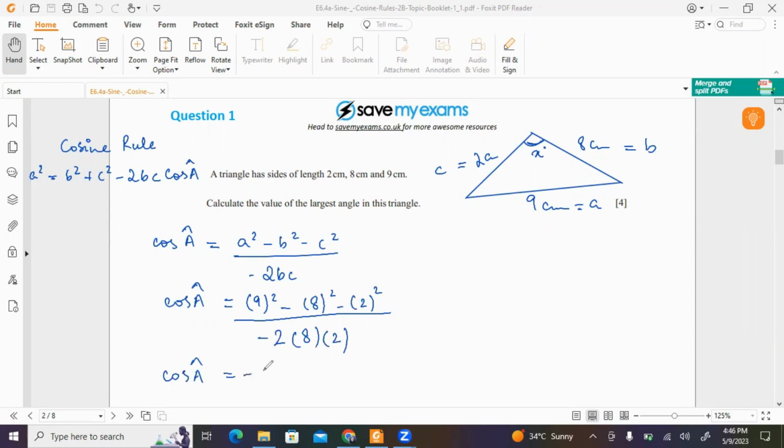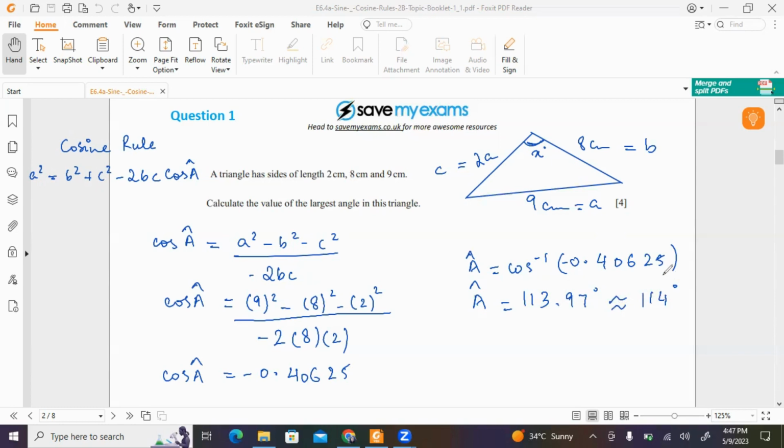That gives us negative 0.40625. We find cos inverse of negative 0.40625, and that gives us 130.7, which can be rounded off to 131 degrees.